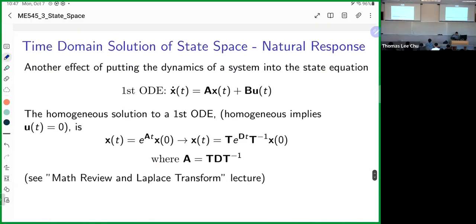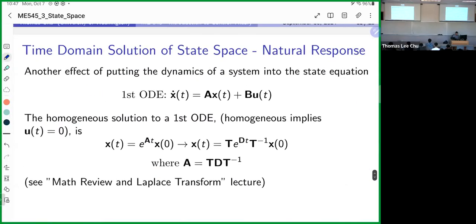This is the time domain solution of a state space, specifically for the natural response. Another effect of putting the dynamics of a system into the state equation is that now that we have a first order differential equation, we can find the natural response, because we know the solution to a first order differential equation.